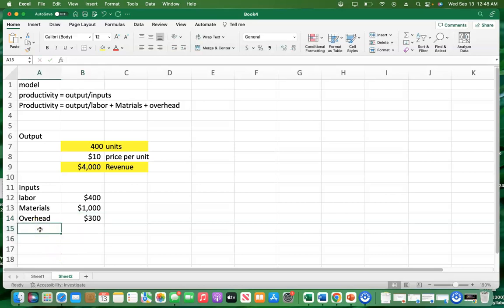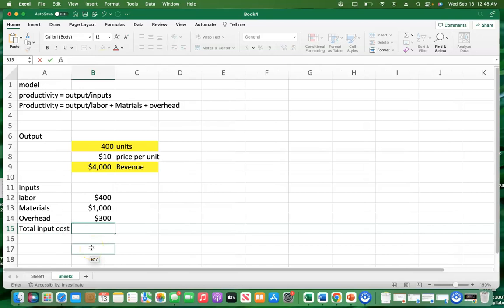So in this case, we can look at the total input cost. We need to sum all of this, and therefore you can put equal sign and then just type sum. We are going to sum all of them, the labor, materials, and overhead. And then if you enter, you're going to have $1,700 as the total input cost.